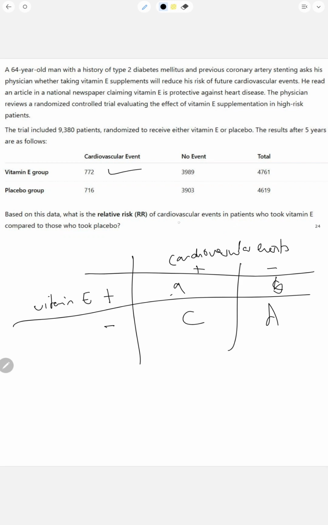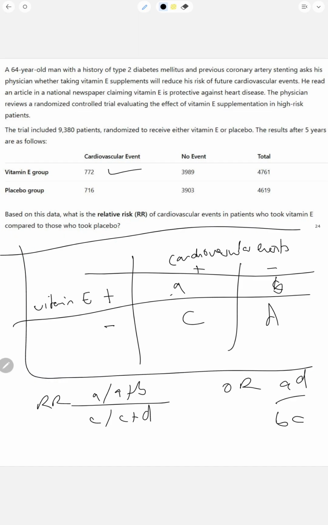So remember again, if you're asked to calculate relative risk, it's going to be A over A plus B divided by C over C plus D. And if you're asked to calculate the odds ratio, it's going to be AD over BC. So remember, guys, be very comfortable in knowing how to draw your 2x2 table. Put your outcome at the top there. Put your risk on the other side, right?